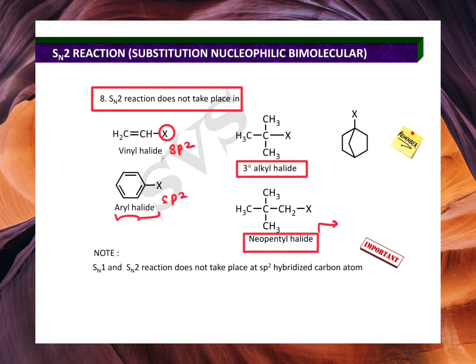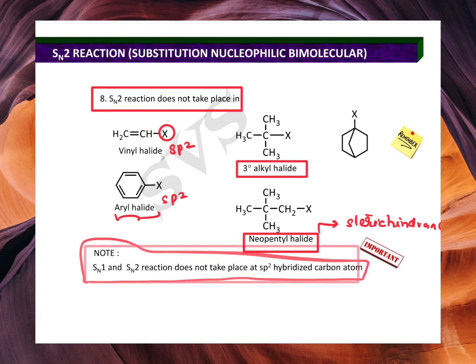Even though it is primary, because of steric hindrance, it does not undergo the SN2 mechanism. SN1 as well as SN2 does not take place if the halogen is attached to an sp2 hybridized carbon.